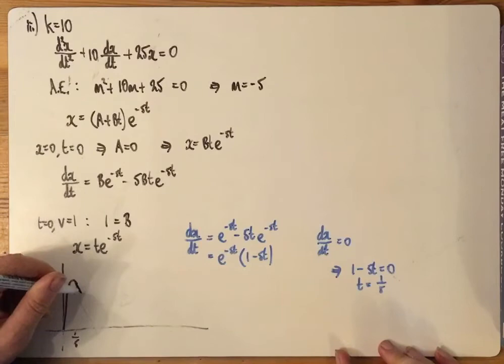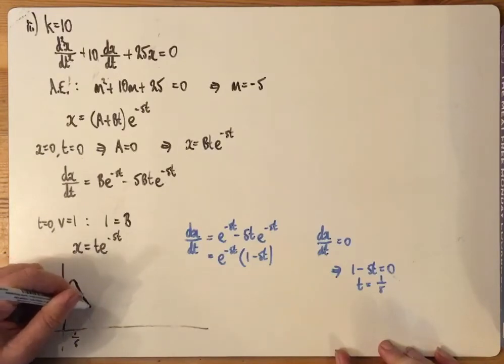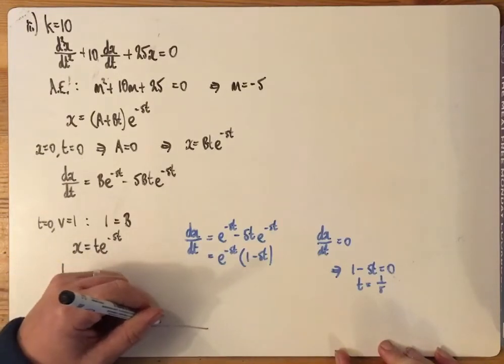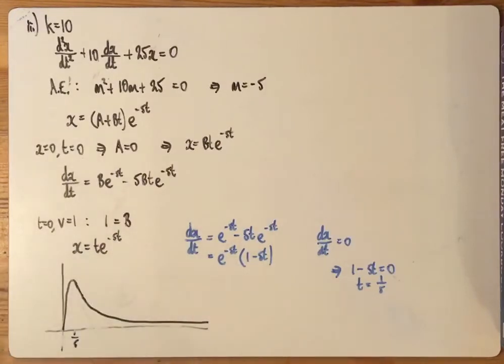I know t is going to infinity anyway, isn't it? But it's going to get bigger a lot quicker than t, so the whole thing will approach 0, like so. So the graphs for where the discriminant equals 0 are very similar to the heavy damping graphs. It's quite difficult to tell them apart.